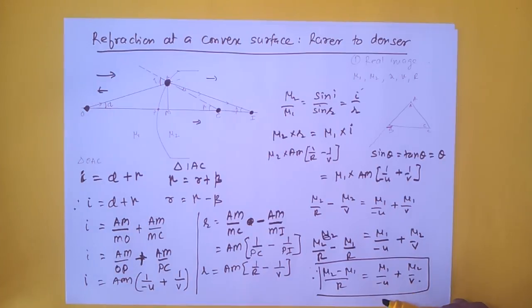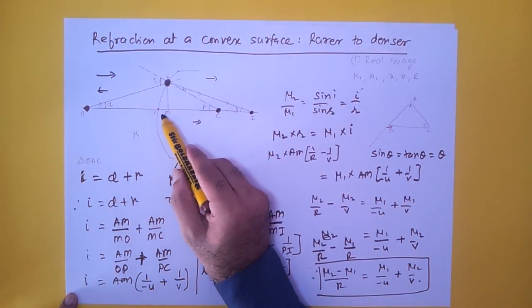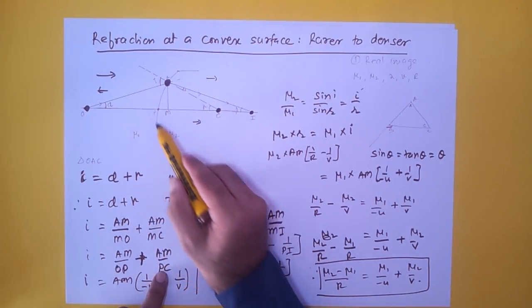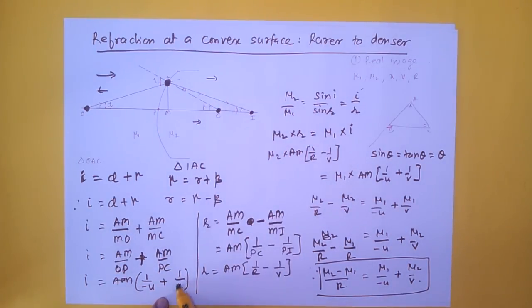So this is how we get, in fact, if you look at this is OP. What is OP? OP is the distance of the object. This is AM upon PC. What is PC? PC is R. So this should not be, this has to be R. So that's a small mistake I made. I think we'll make that correction over here.